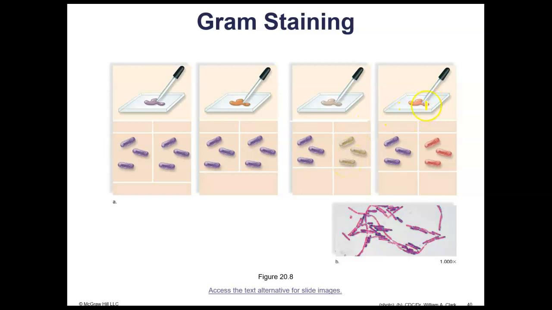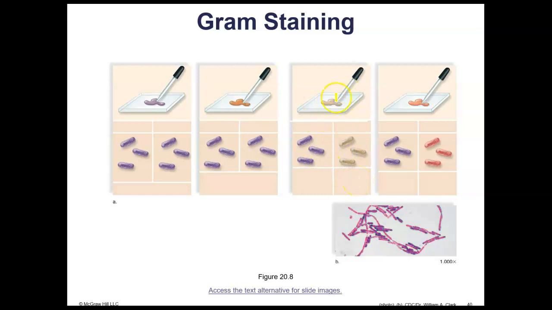Then you will flood the slide again with a red dye called safranine, and that will adhere to the gram-negative cells. So this is really showing you the procedure. The purple dye is called crystal violet, so you'll flood it with crystal violet, then iodine, then a decolorizer, which will remove that stain from the gram-negative bacteria.